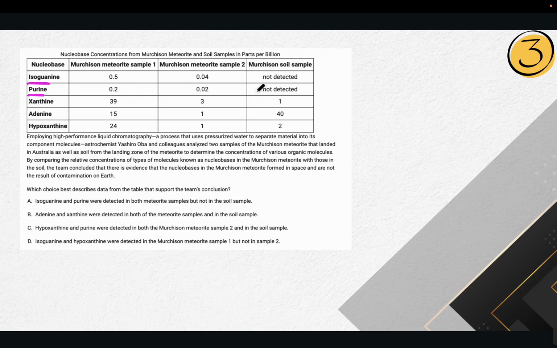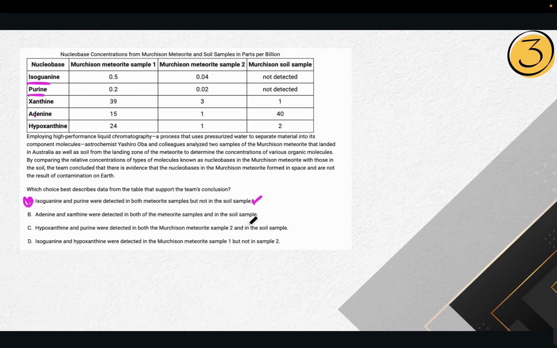Hypoxanthine and purine were detected in both meteorite samples and in the soil sample. Yes, it is detected in here, but the problem with this one is that purine actually is not detected in the soil.